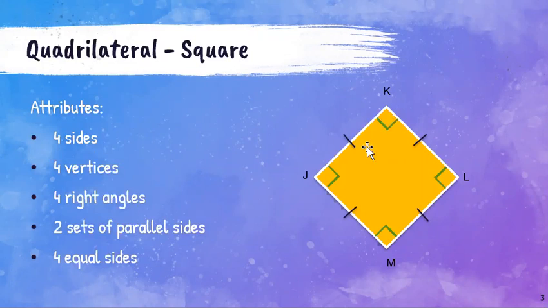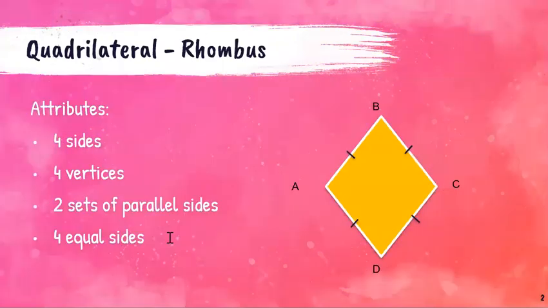So this is 90 degrees, 90 degrees, 90 degrees, 90 degrees. Now that's different than the rhombus because in the rhombus, none of these angles are 90 degrees. So pay attention to that difference between a square and a rhombus.